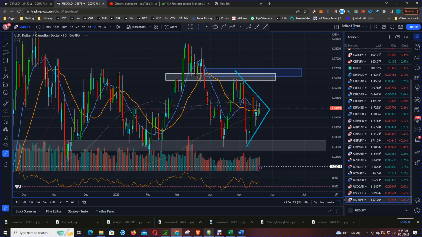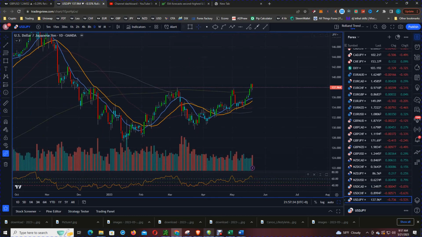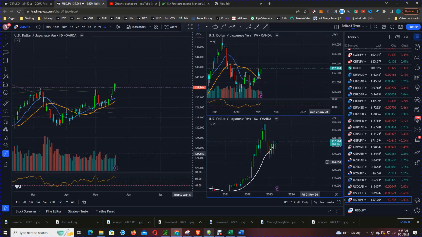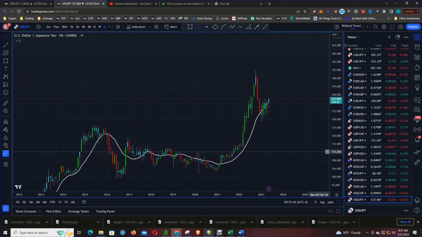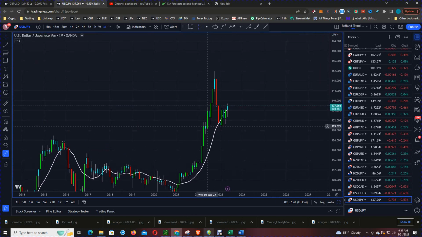All right, and the last major pair that we're going to look at today is the USD yen pair. And this pair has been screaming to the upside in recent days, weeks. We have a rally in price, one basic candle, and then a rally out.